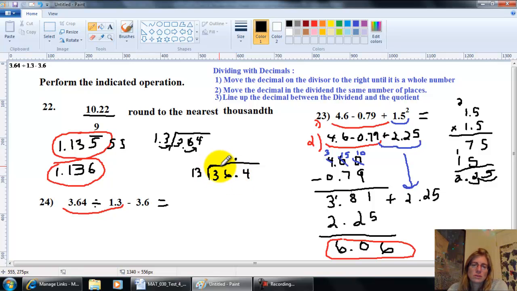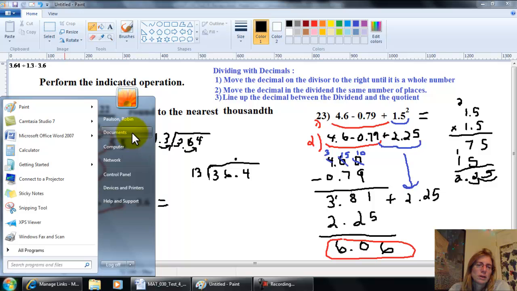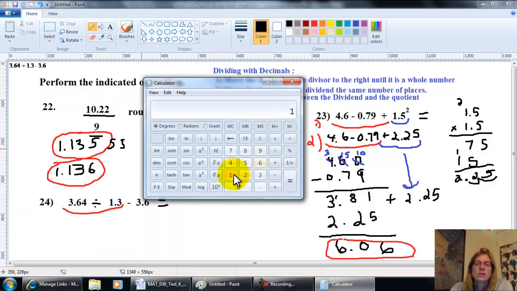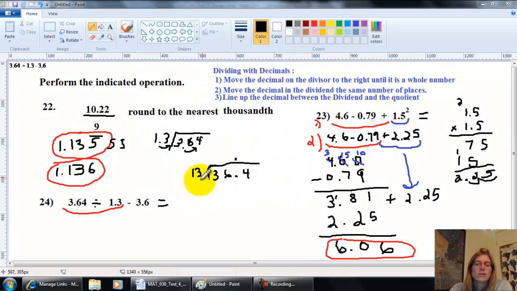So 13 into 36 goes, let's bring up our handy dandy calculator. Let's see, 13 times 3 equals 39. So it has to be 13 times 2, 26. So we're going to do 2 times 13 is 26. Subtract 6 minus 6 is 0. 3 minus 2 is 1.